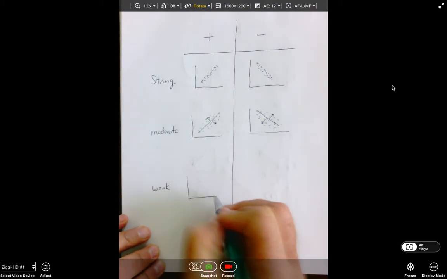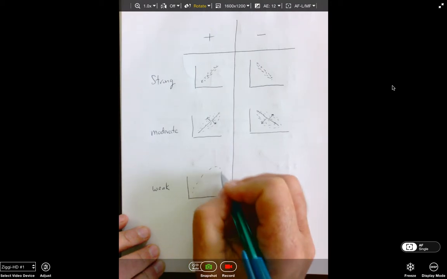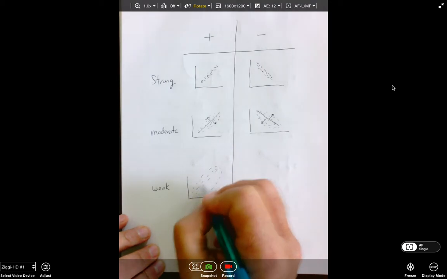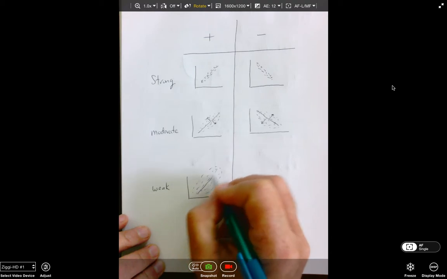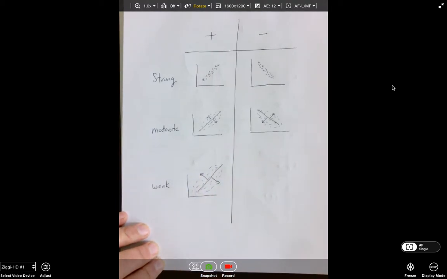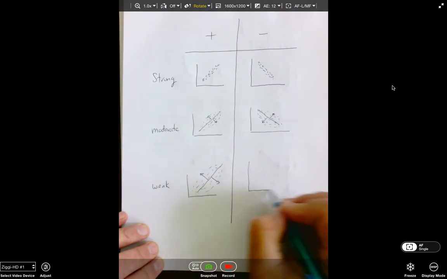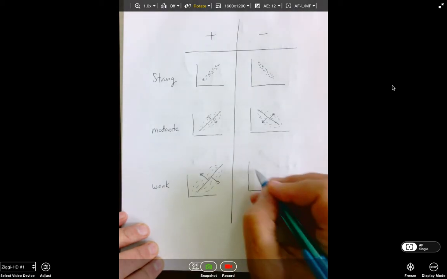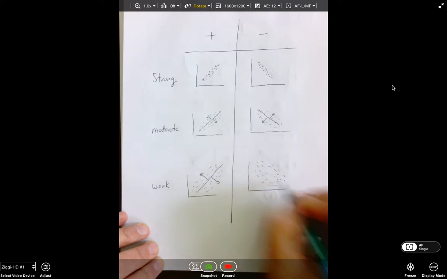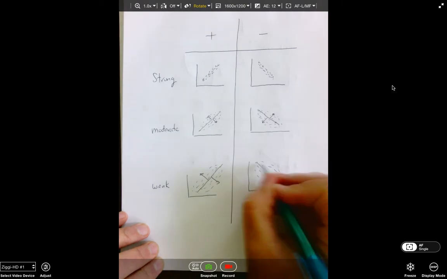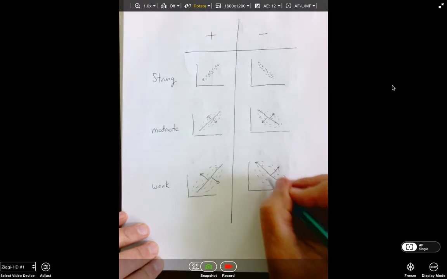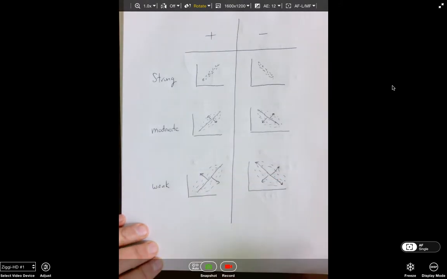A weak positive relationship has even more variation. A weak negative relationship has even more variation.